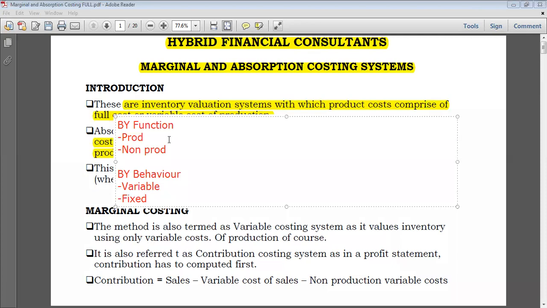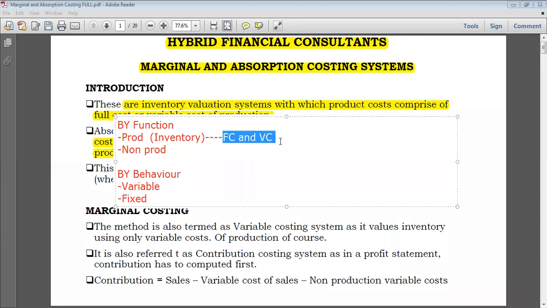When we speak of the marginal costing system, we use variable costs related to production, because our main concern is how to value inventory, and inventory is usually valued using production costs. These production costs can be fixed, but also variable. In marginal costing, we use only variable costs, but in the absorption costing system, we use both fixed and variable costs.